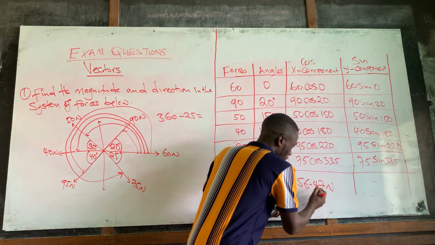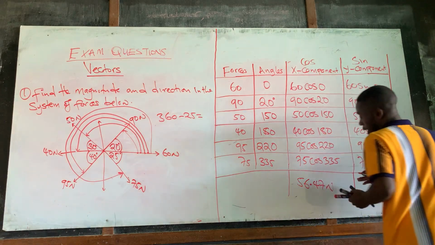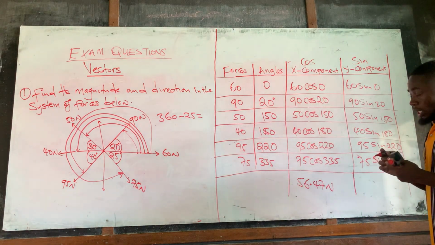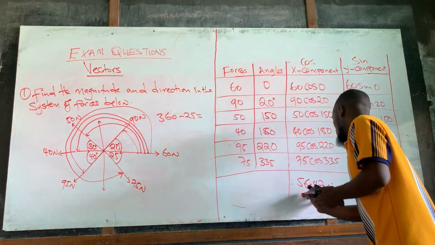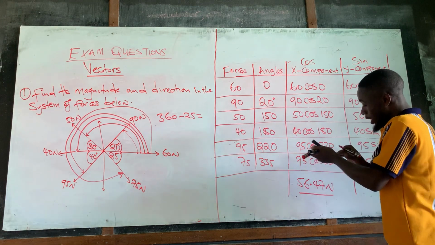Okay? So let's try to do them again. So here you should be careful. Meaning this is the total here. You should be careful. Let's do them again.